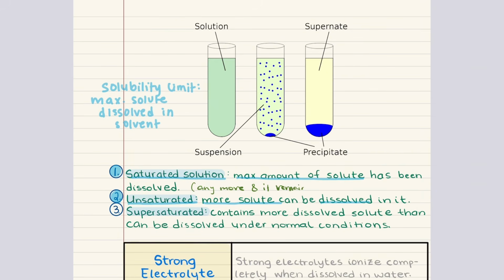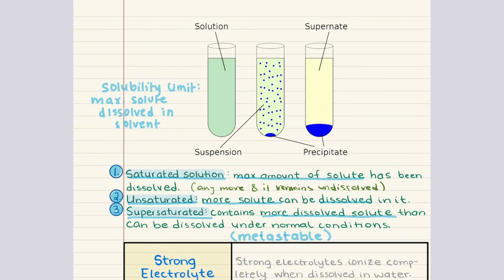There is, however, a special and less stable case we do need to consider, and that is supersaturated solutions. A supersaturated solution contains more dissolved solute than the solvent should be able to hold under normal conditions. And this situation can only be achieved by manipulating temperature. And it's important to note that it's not very stable.